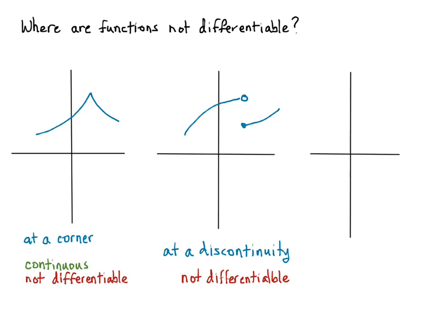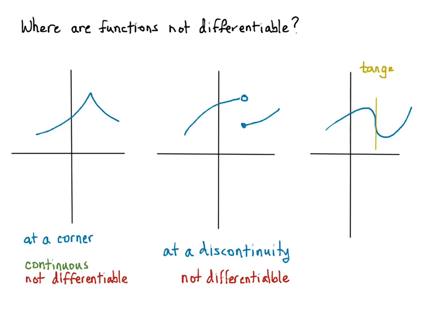But here again, we get into this notion of the limit, where that limit has to be the same coming from both directions. And when we have a gap there, it's not going to be the same, because as we get closer from either the left or the right, we don't end up in the same place.